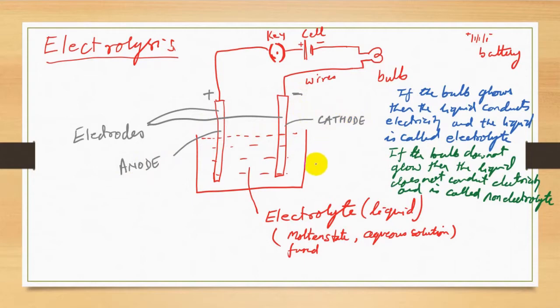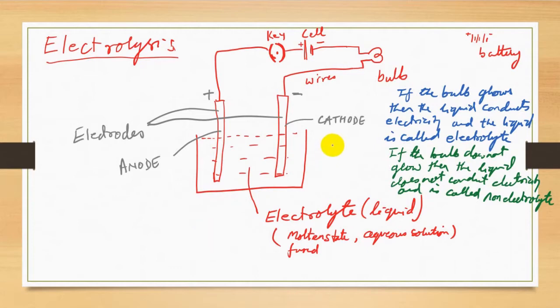So electrodes can be of two types, anode and cathode. The one connected to positive end is anode, and the one connected to negative end is your cathode. Understood?